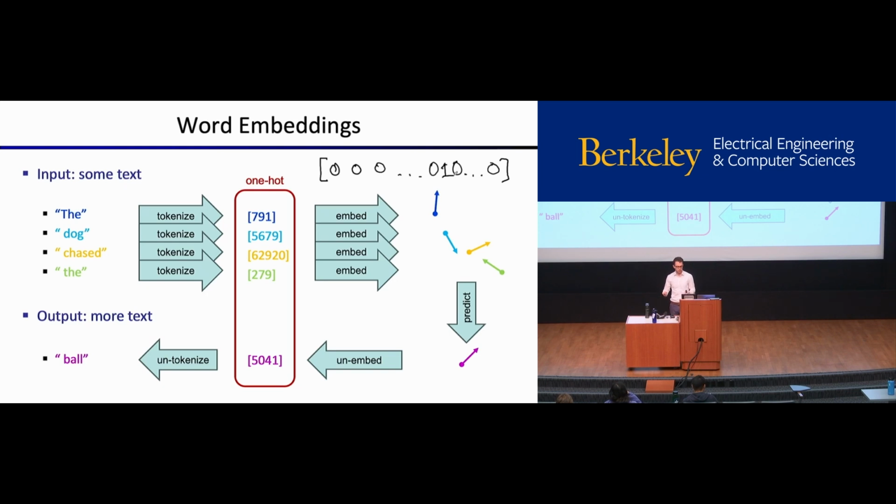That's the hot vector. It's the one-hot vector. And so for the first example, we have 791. That's saying that the 791st entry in this vector, if we're assuming 1-indexing, would be a 1, and the rest would be zeros.